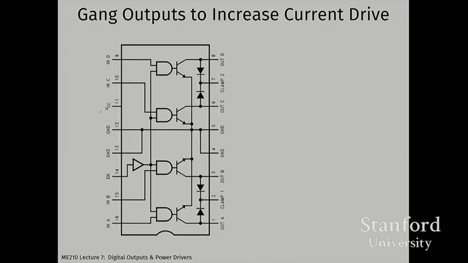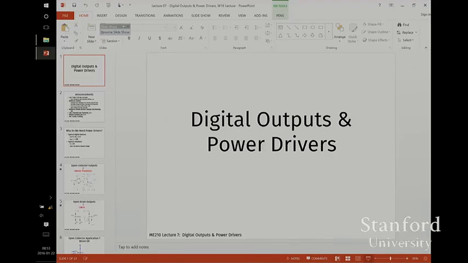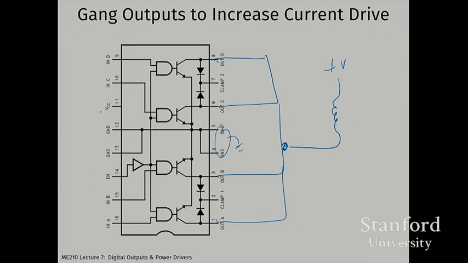You can connect the outputs together, so you could take all 4 of these outputs and tie them together, and then have a single motor plus V motor connected to that, and make sure, again, all of these are tied to ground, but operate this all the way up to 2.4 amps of current that could flow through this motor in that case. So it gives you a lot of capacity, something you can use for a lot of systems.